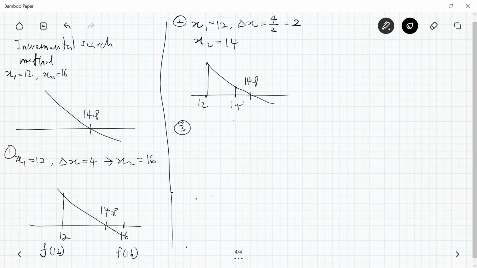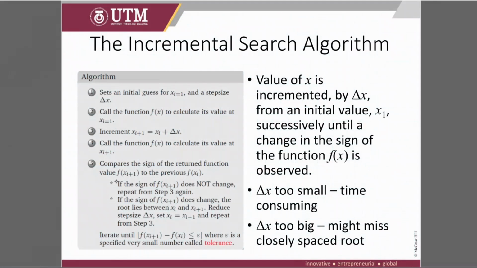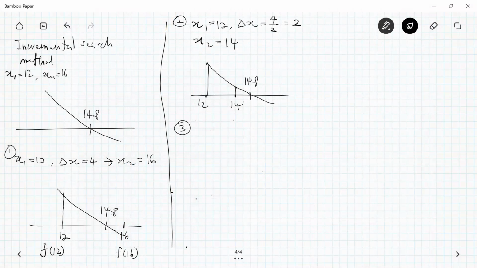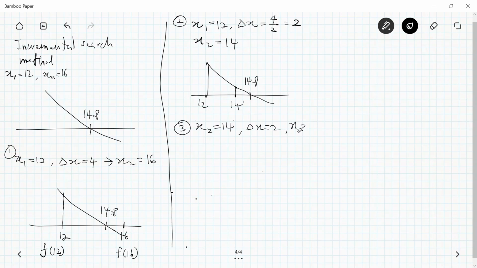So what do we do if there's no root? If the sign does not change, repeat step 3. So we increase again. We put an increment. So now there's no sign change. Then x2 is equal to 14, delta x still the same, and now x3 equals 14 plus 2, which is 16.